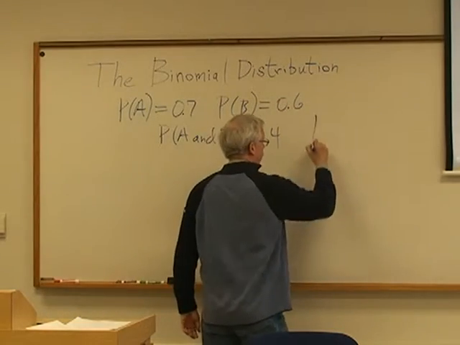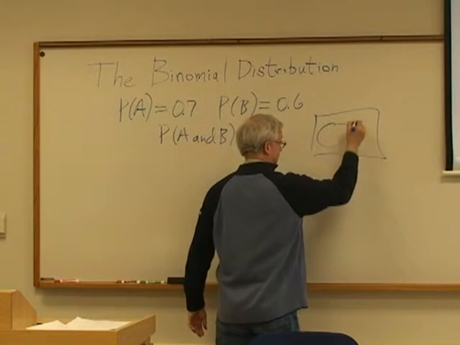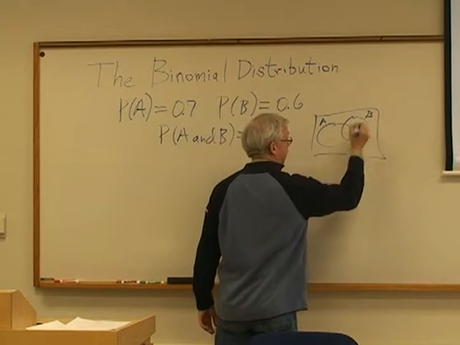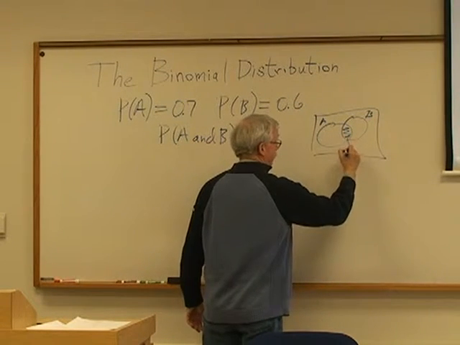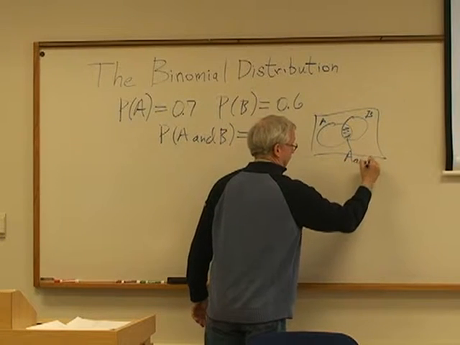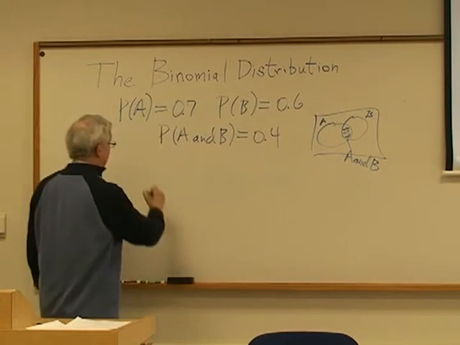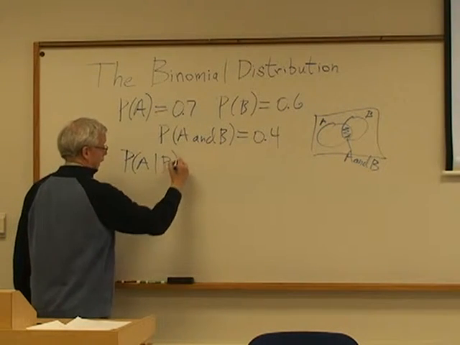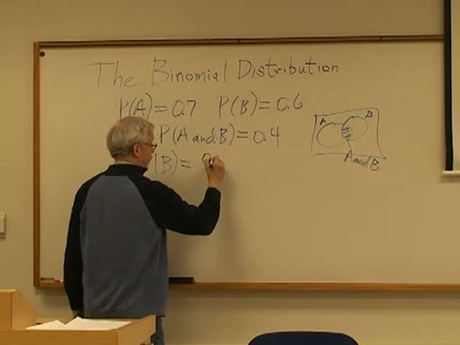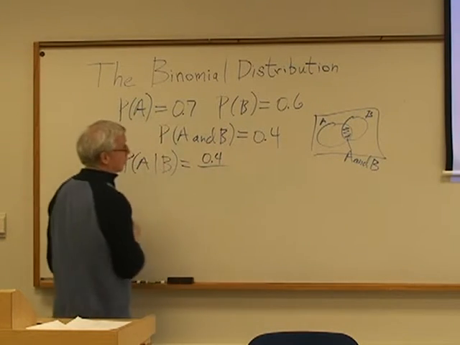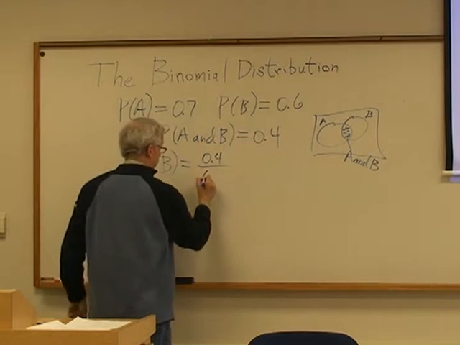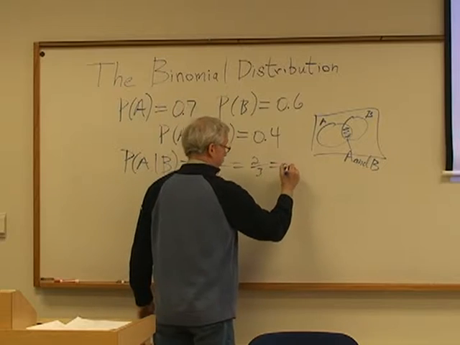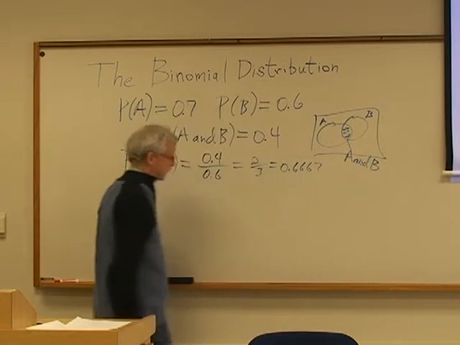And remember, we can draw this as a little diagram, a Venn diagram. So here's my category A with 70%, my category B with 60%, and A and B is just that overlap. In this case, we said it was 40%. And by definition, the probability of A given B is equal to the overlap, 0.4, out of the second one, probability of B, 0.6, and that's the same as 2/3, or 0.6667.